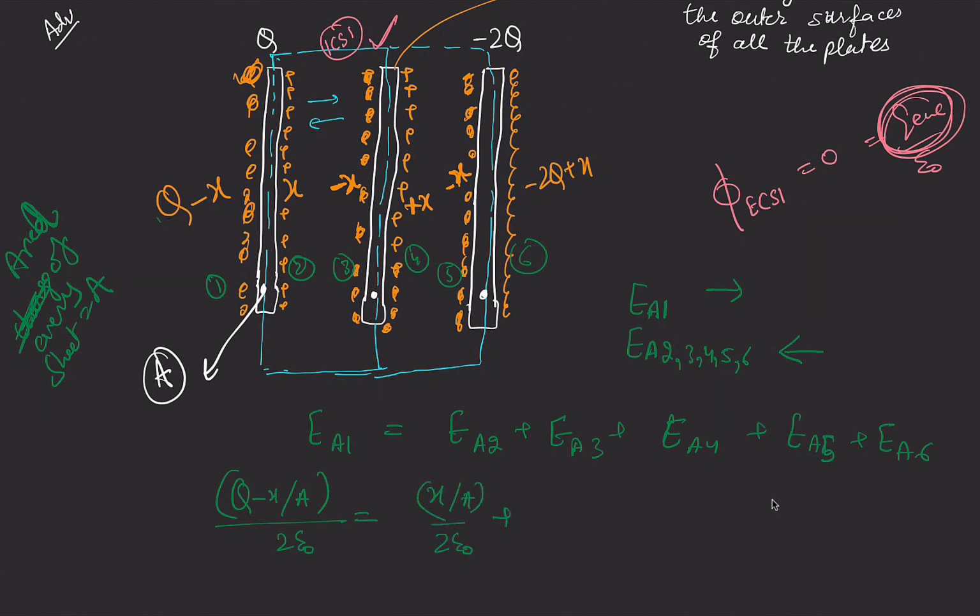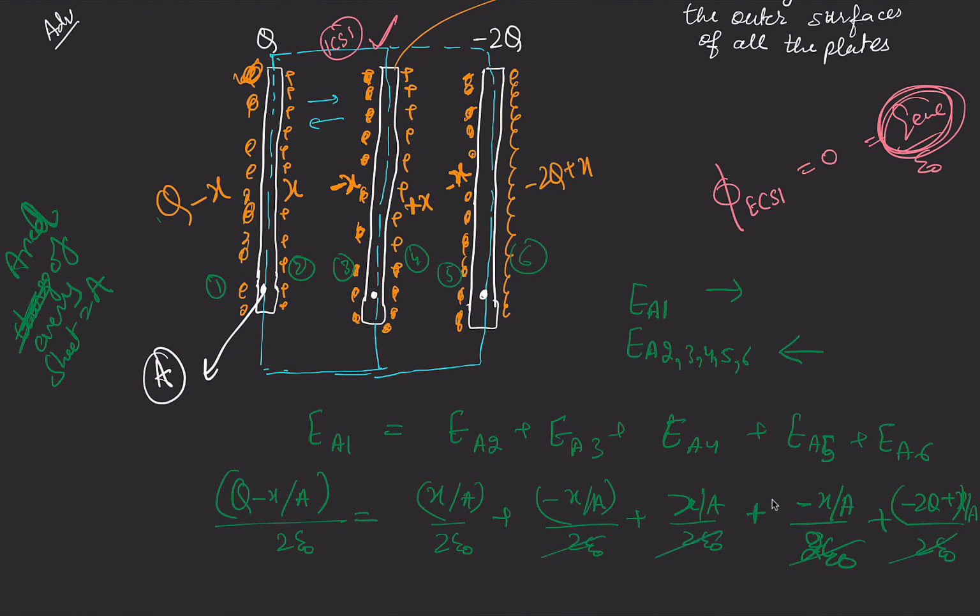Charge on sheet 3 is minus X by A by 2 epsilon naught. Charge on sheet 4 is X by A by 2 epsilon naught. You can see that 2 epsilon naught will cancel out, A will cancel out. For 5, minus X by A by 2 epsilon naught. And for 6, it's minus 2Q plus X by A by 2 epsilon naught.